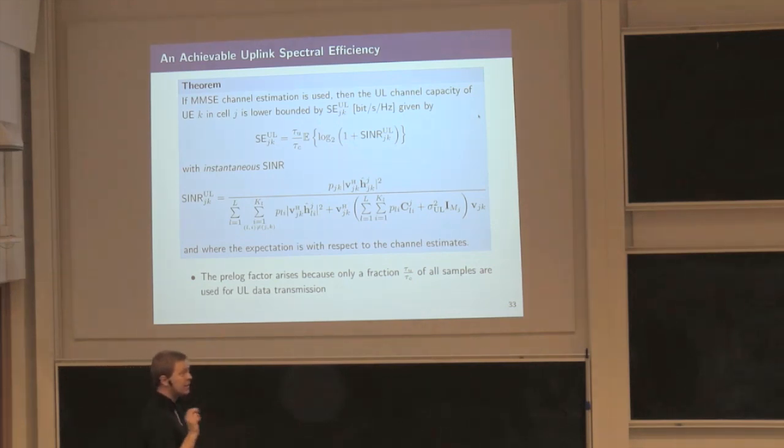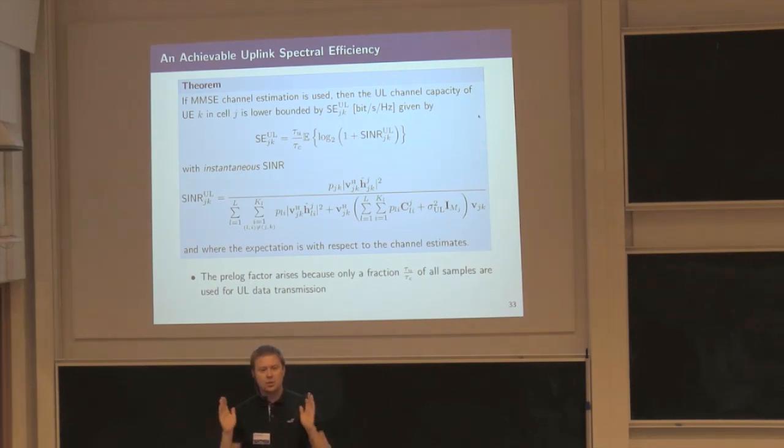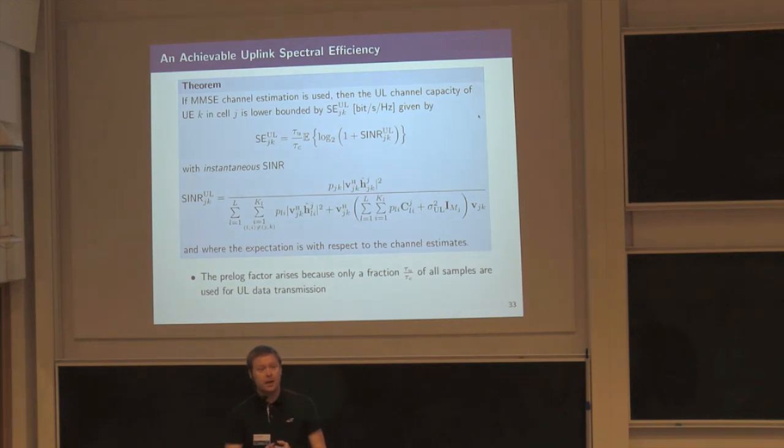The other question was, what is favorable propagation? That is something that usually means that two users' channel vectors are going to be more and more orthogonal to each other. And in IID Rayleigh fading, you get that all of the time when you have many antennas. In correlated fading, if the users have channels that are in exactly the same subspace, then once again you need very many antennas for this to happen.